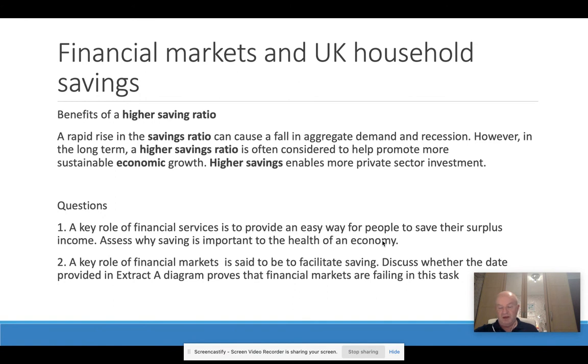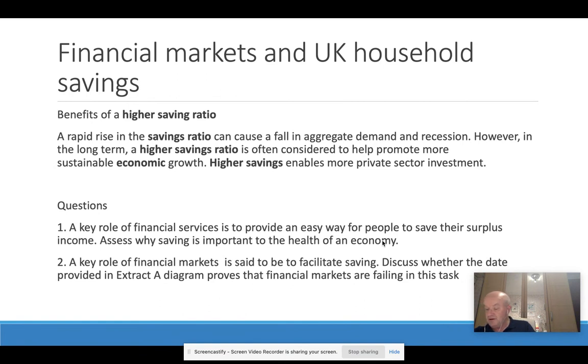Okay, there's a couple of questions at the bottom of the slide here which relate specifically to page 9 in your booklet, where you've also got an example of an extract which shows UK household savings ratios from 1960 through to 2017. I want you to take a quick look at that and see what sort of information it is telling you.